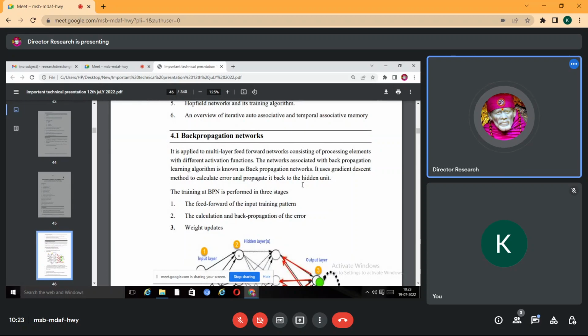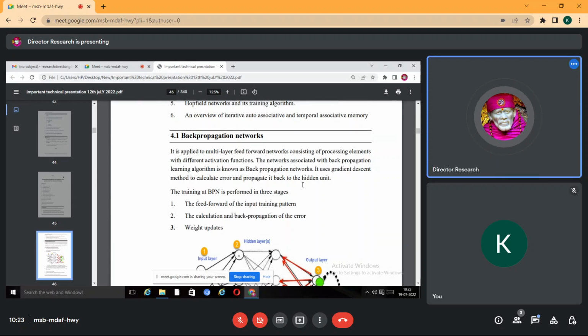Backpropagation networks. It is applied to multi-layer feed-forward networks consisting of processing elements with different activation functions. The networks associated with backpropagation learning algorithm are known as backpropagation networks.